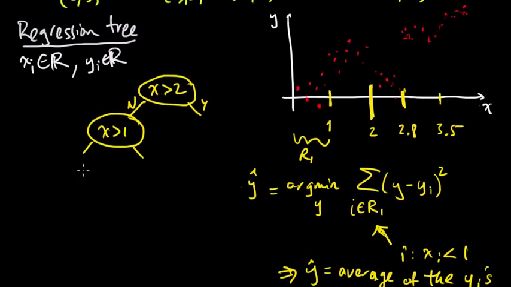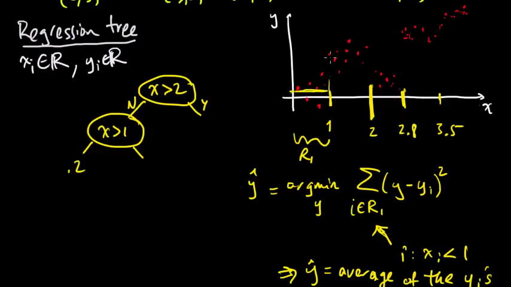So in this leaf, we get some y hat over here, which is some value. Looks maybe something like that. That looks like about the average of all these y's. And then maybe here, I don't know, what's that, like maybe 0.2 or something.